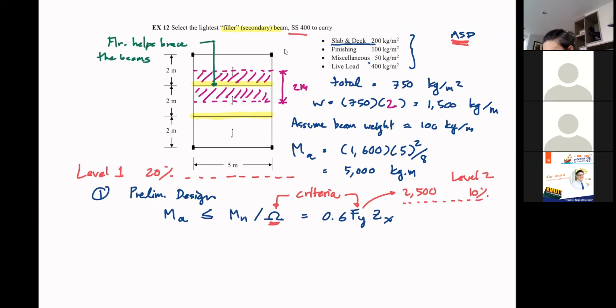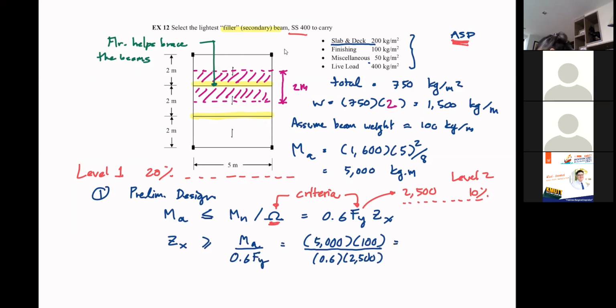So you know that your Zx will have to be greater than your MA divided by 0.6 Fy. Okay, so now your MA is 5,000 kilogram meter multiplied by 100 to change the unit into kilogram centimeter. And now you have 0.6, and then you have Fy.